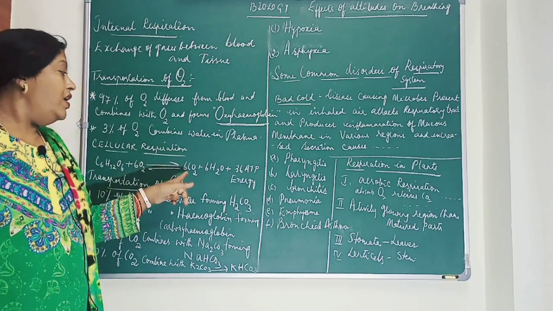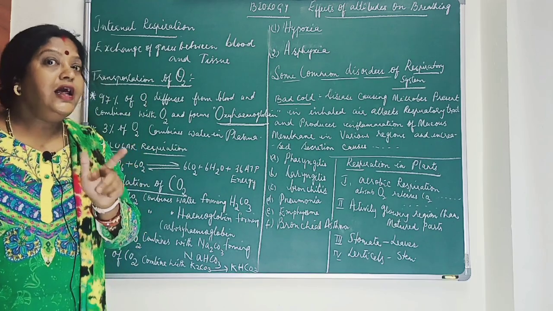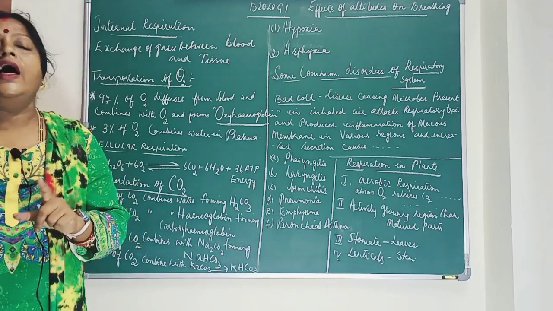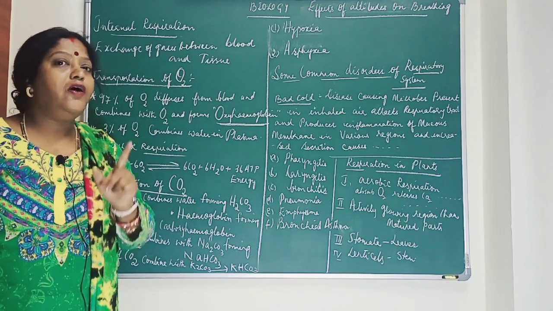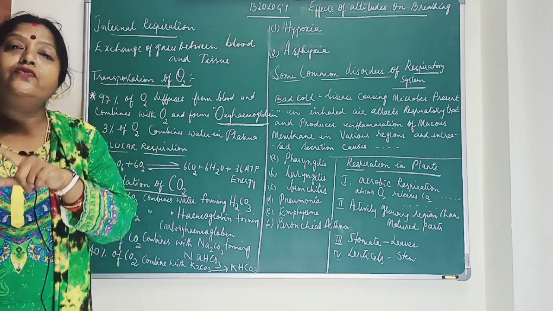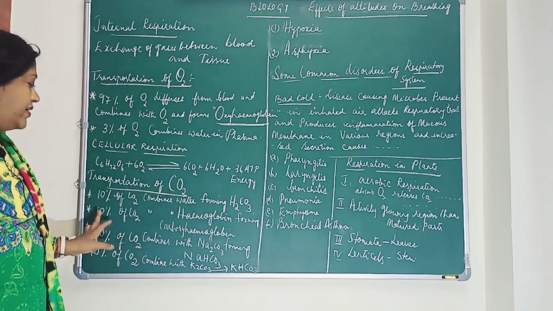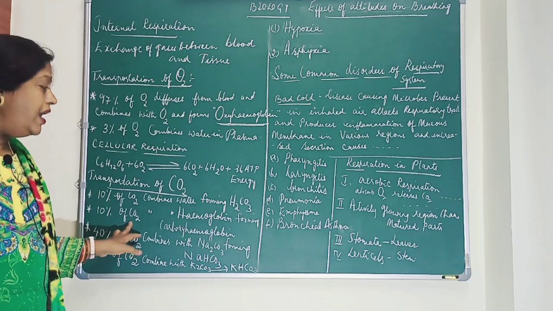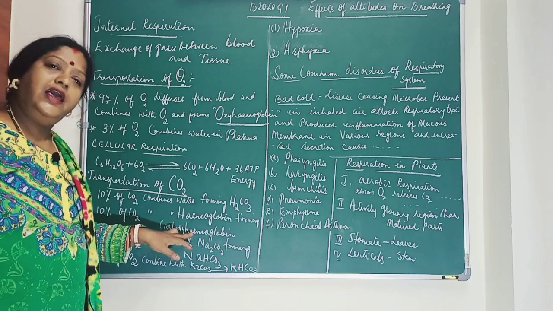So 10% of carbon dioxide combines with water and forms carbonic acid. Then 10% of carbon dioxide combines with hemoglobin and forms carboxyhemoglobin.